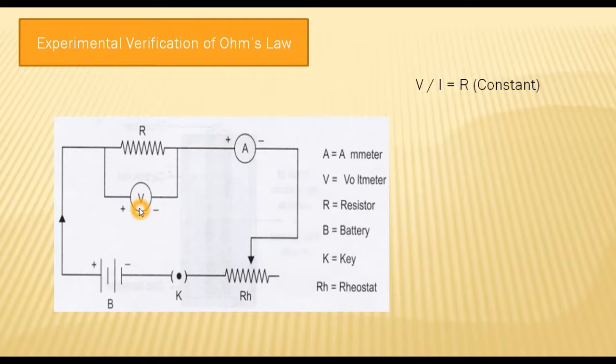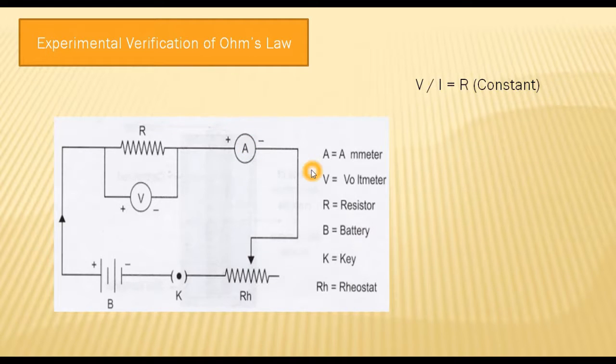Because if it's connected in series, it has high resistance, so it will not allow current to flow easily. That is why it's connected in parallel, and ammeter is connected in series so that it can measure the current because it has low resistance. Okay, now using all these things, we can make a circuit.